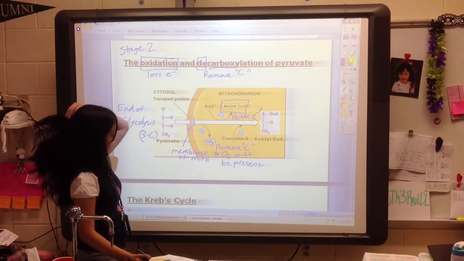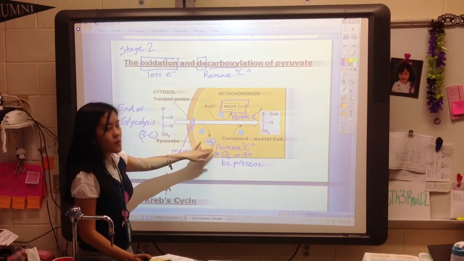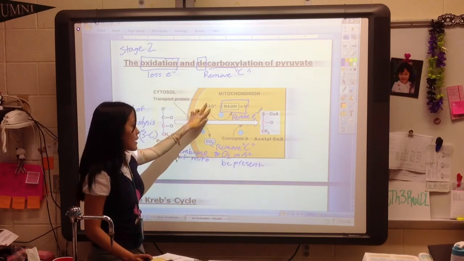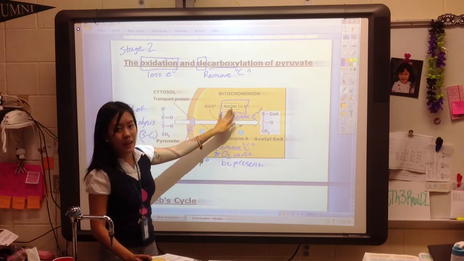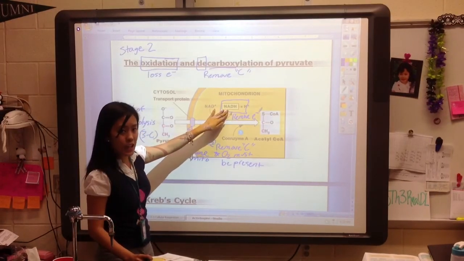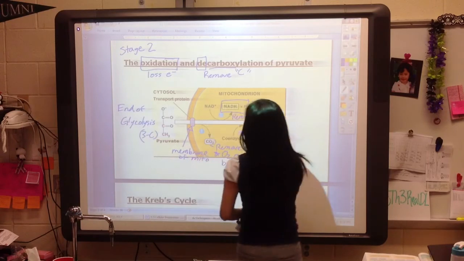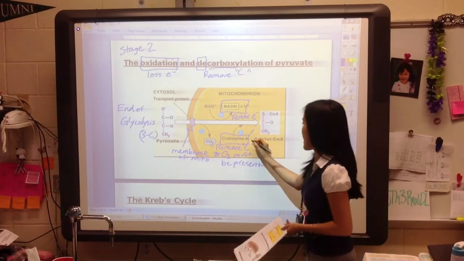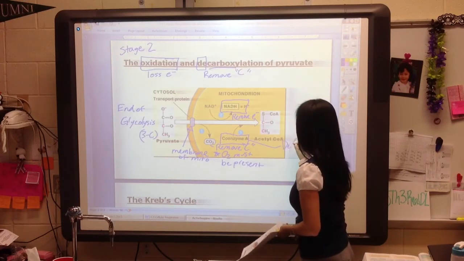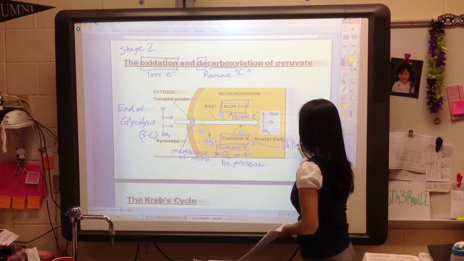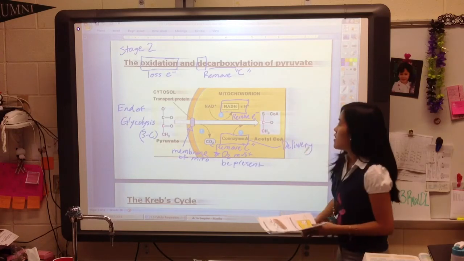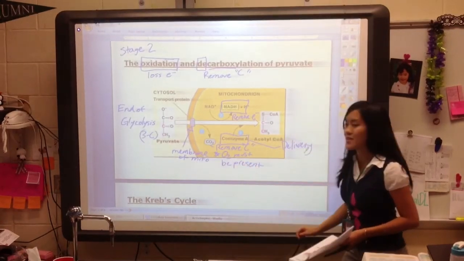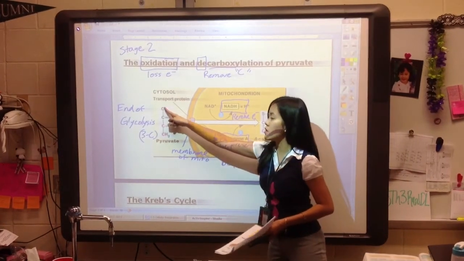And then the final thing that happens here, so we remove the carbon, oxygen has to be present for that. We're going to remove electrons, the NAD will become reduced. It's gaining an electron and it becomes NADH. And then we have this final thing, coenzyme A. Coenzyme A is actually going to act as a method of delivery. These two carbons that are left over, notice how that carbon has been removed, the CO2 has been removed.